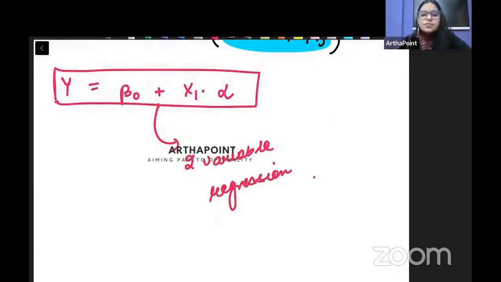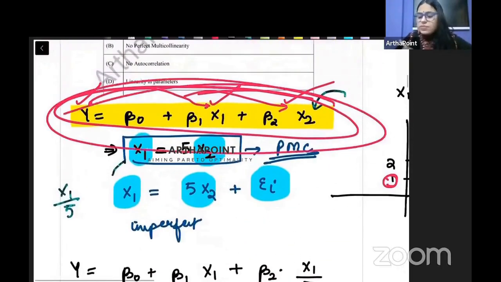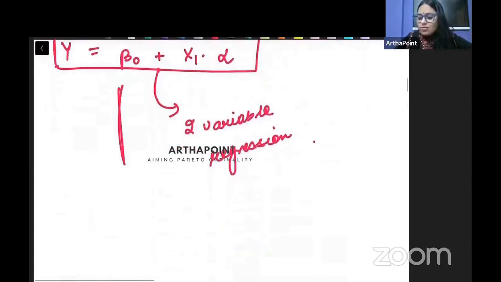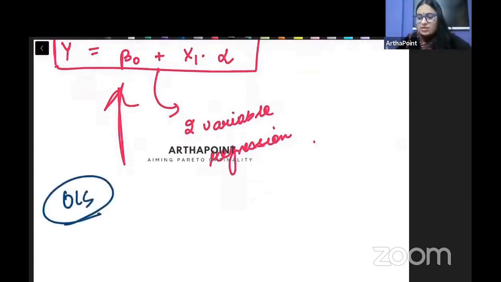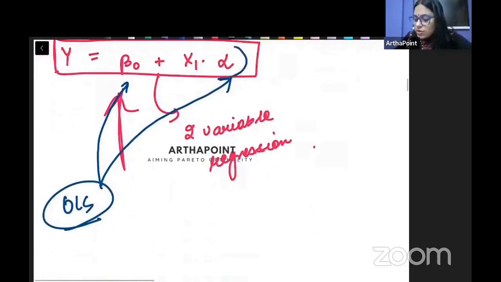Beta, this is the problem with multicollinearity. You start with a bigger model, but you end with a smaller model. Now, if I apply OLS, I will be able to only estimate beta naught and alpha. Can I get back the values of beta 1 and beta 2 from that? No. I will not be able to come back to the original beta naught, beta 1 and beta 2. I will only be able to estimate this alpha.